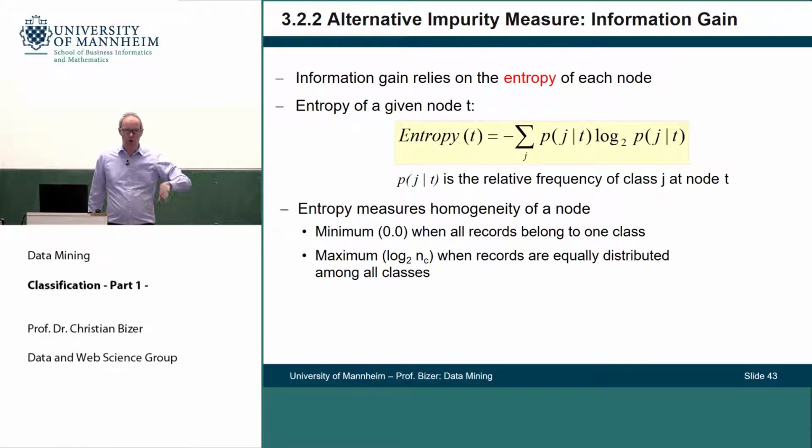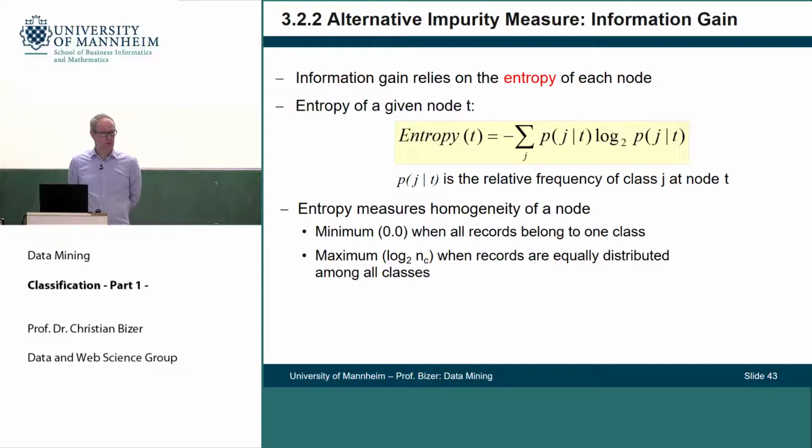So I said we can not only use Gini for splitting, we can also use other purity measures, for instance, entropy. Entropy is a measure from information theory, so we can try to interpret it, or we can just use it. That's how we apply it here.